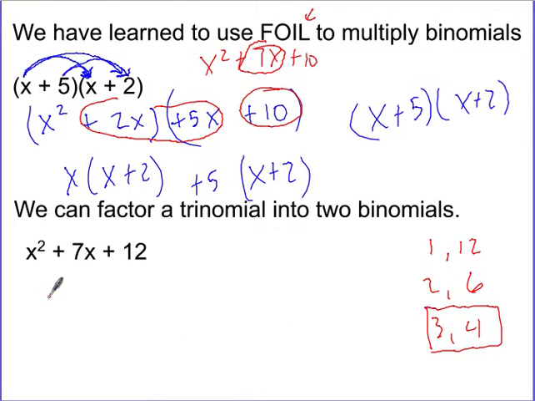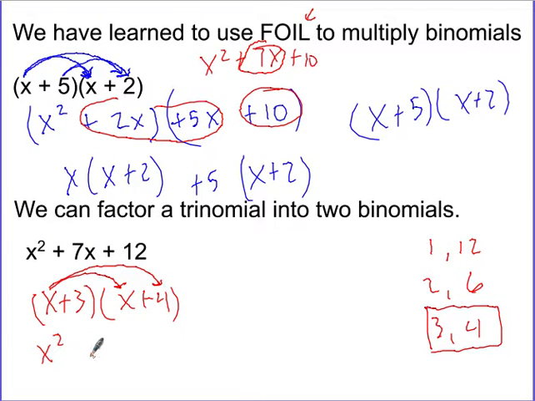Okay, so my expression that I've FOILed to get this trinomial has to be x plus 3 times x plus 4. Has to be. Because watch what happens when I FOIL it. X times x is x squared.